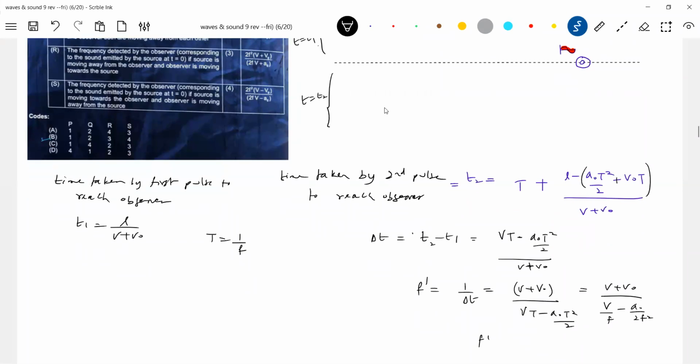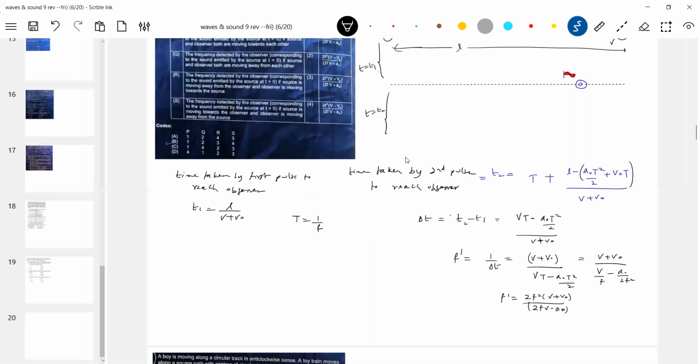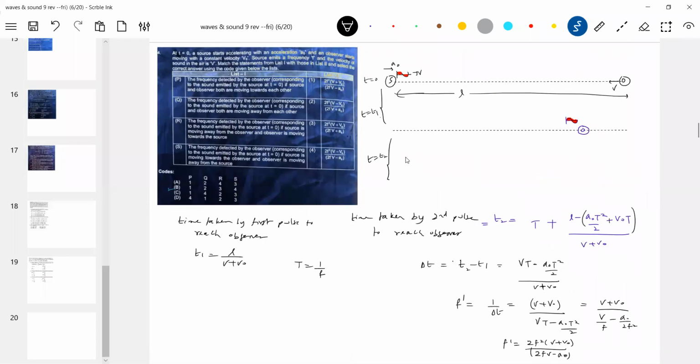Okay, this will be F dash equal to 2F squared, V plus V naught, minus a naught. Check it now. So this is the first case. This is a general case.